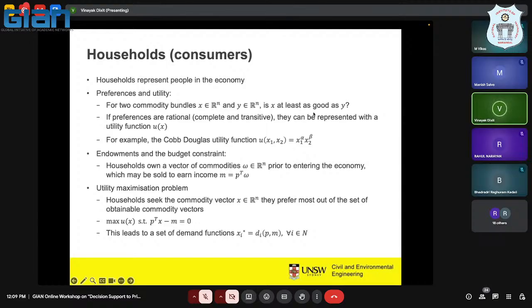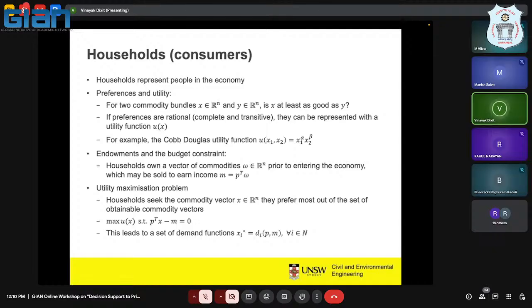We represent this by a utility function, U of X. Commodity bundles are, if there are n commodities, X is one type of bundle and Y is a different type of bundle with n commodities. But let's take two commodities, where n is equal to 2.